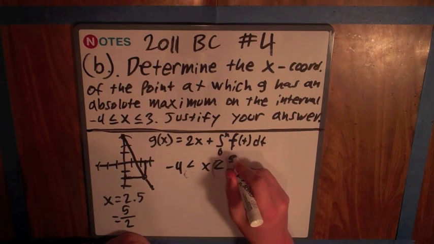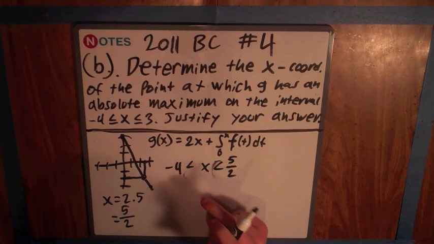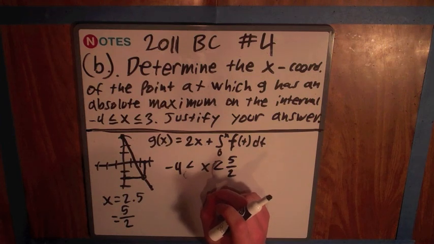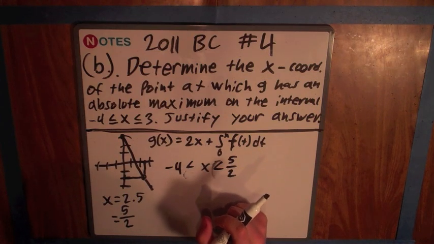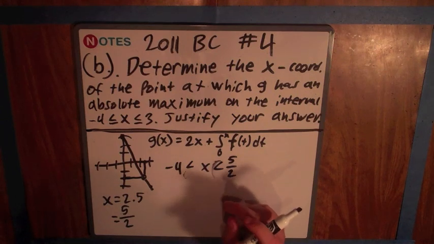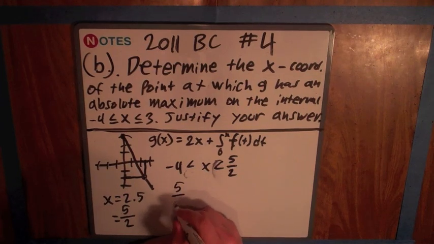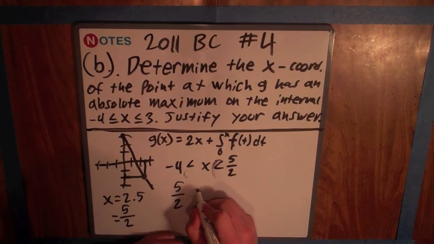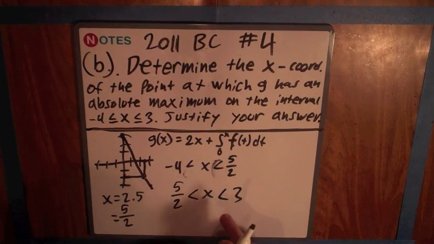Less than 5 over 2, this has to be increasing. Is that right? Yes. And then this has to be decreasing.